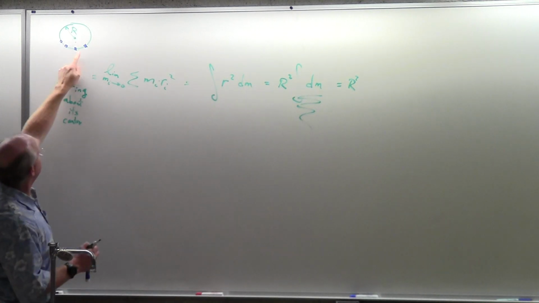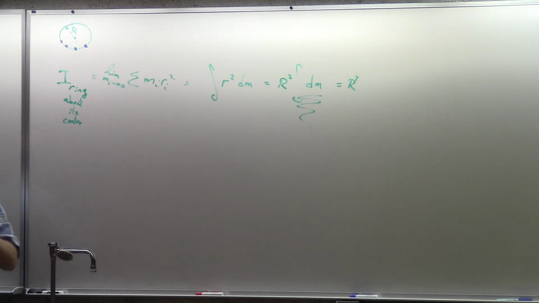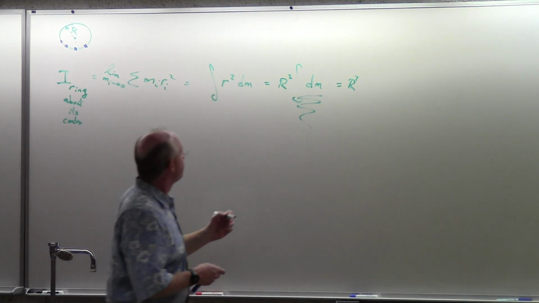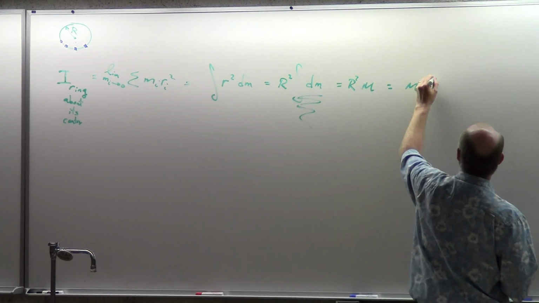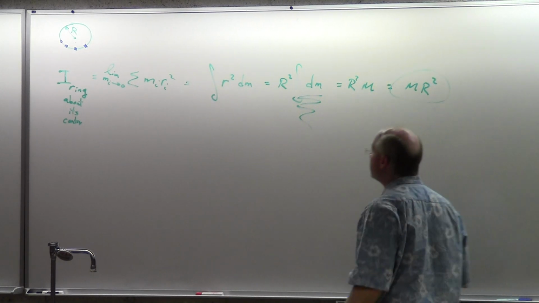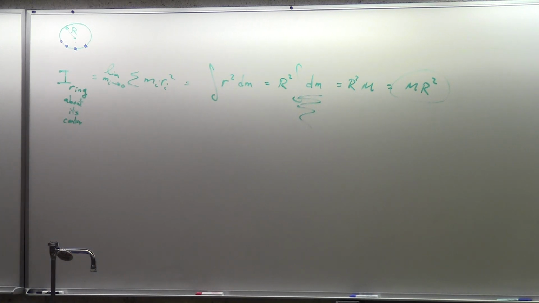So if I take that chunk plus that chunk plus that chunk and add up all those little chunks of mass, what am I going to get? Yeah, the total mass of the hoop. And so there's my answer for the moment of inertia of a ring about its center, right? Just add it up. Sure enough, there I have it.